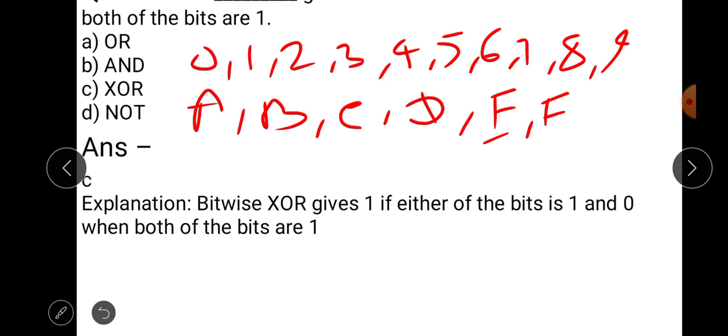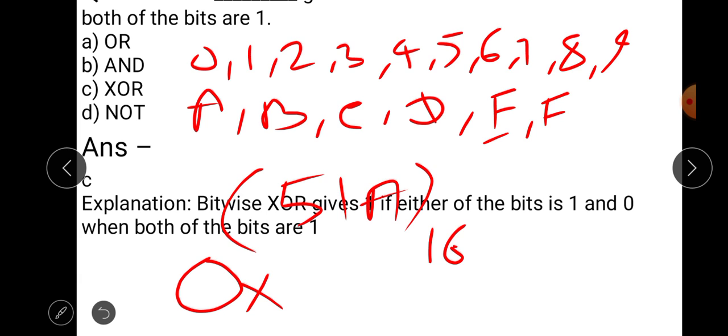Okay, so in mathematics we generally write a hexadecimal number like that: 5, 1, A, and in subscript we write 16 to represent that it is a hexadecimal number. In Python programming we write 0x as a prefix before a number, and it is considered a hexadecimal number.